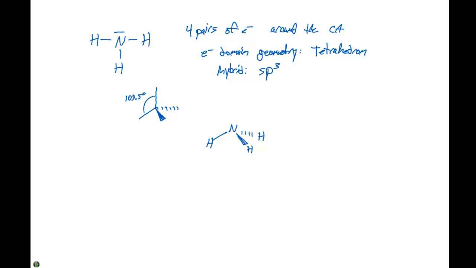The electron domain geometry tells us that this electron pair that we represent with a straight line up here in our Lewis structure is actually going to take up quite a bit of space. And it's going to take up just as much space as these hydrogen bonds do.